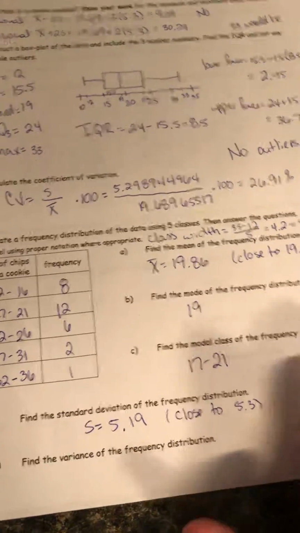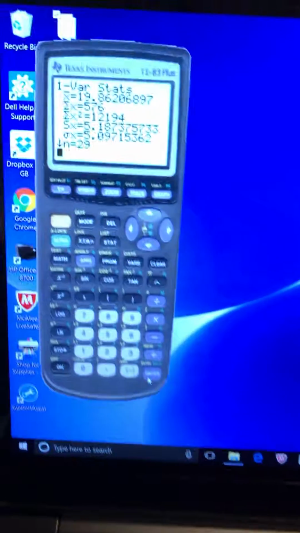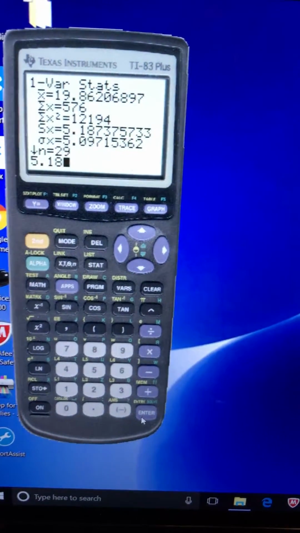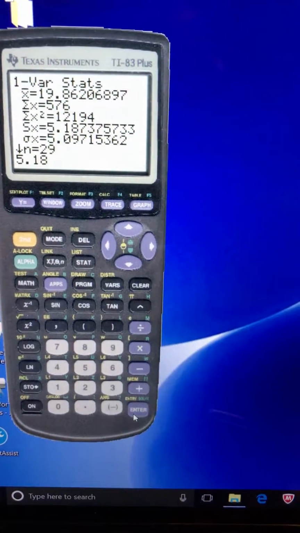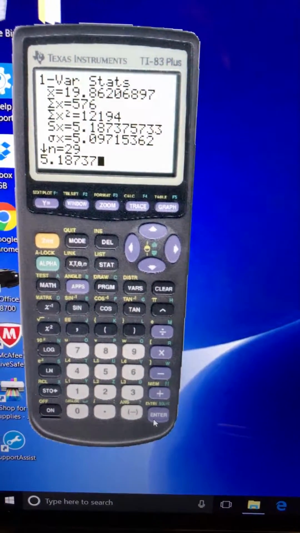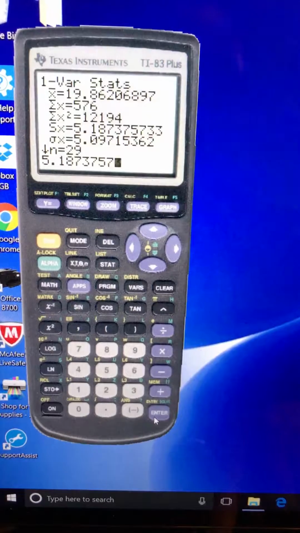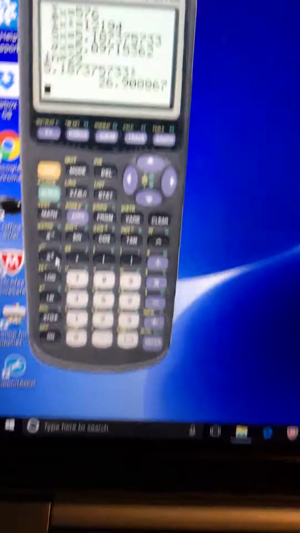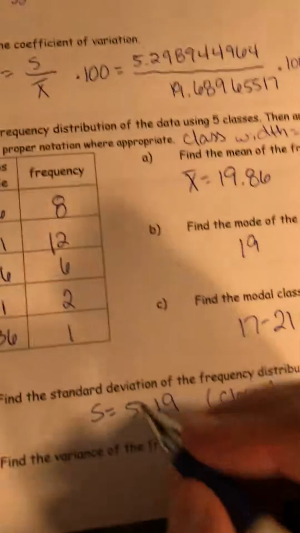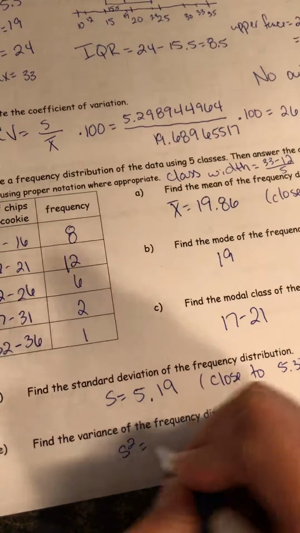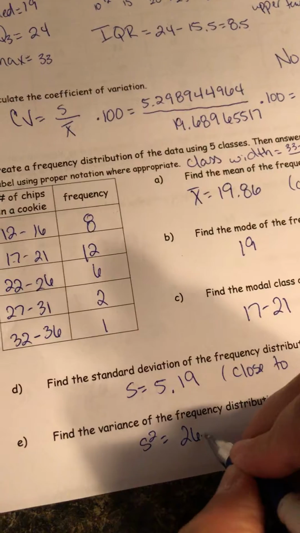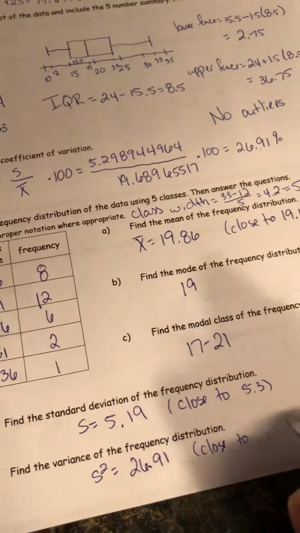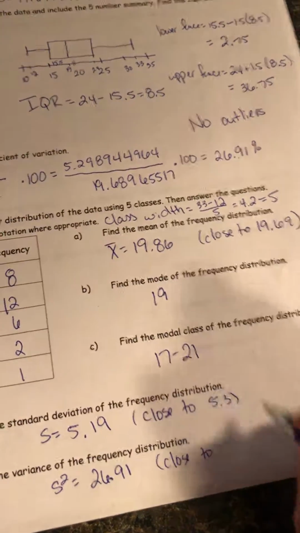And for our variance, again, don't round on variance, so you want to go to the calculator, type in 5.18737 5733, and square it. So you get 26.91, so S squared is equal to 26.91, which is close to our original variance from the original data, which was 28.08.